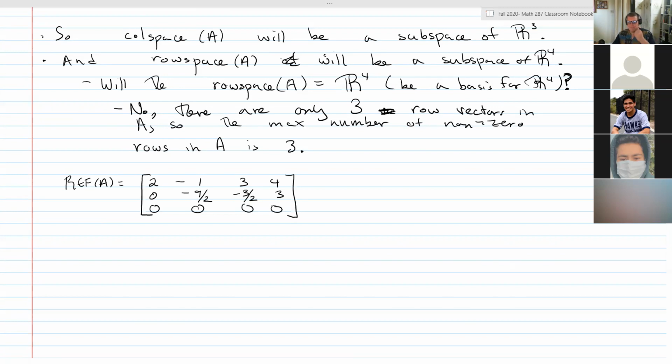All right, so that's our row reduction. Take a second as you're finishing everything up. So there's our row reduction.